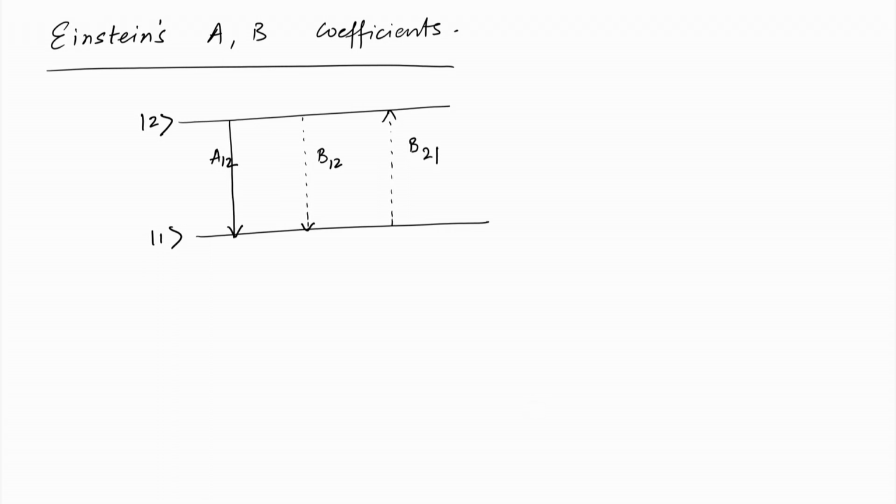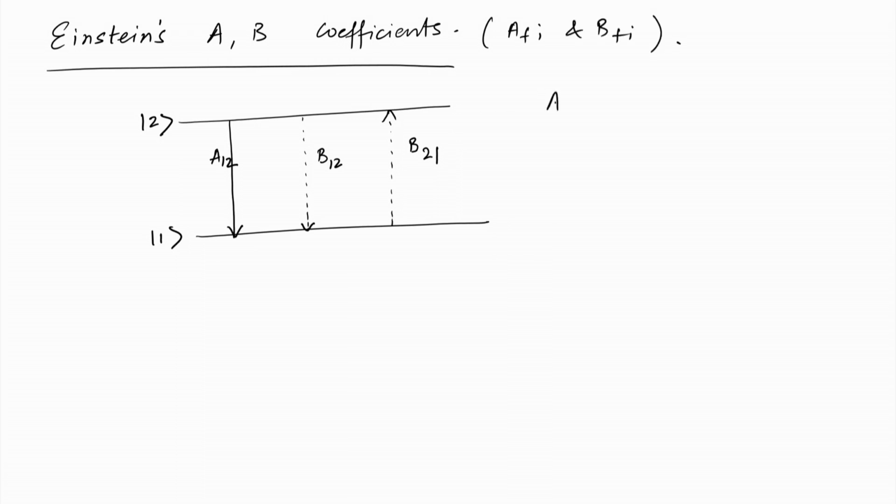It is just that the final state is written first, and then the initial state. So, these are called Einstein's AB coefficients, AFI and BFI.